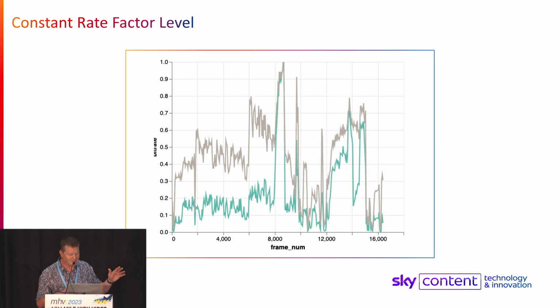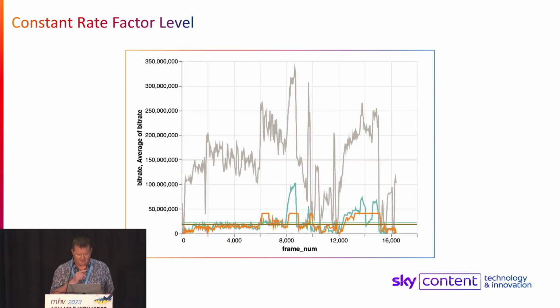What we're trying to show is that the constant rate factor level does equate fairly well with the content quality measure that we were also testing.